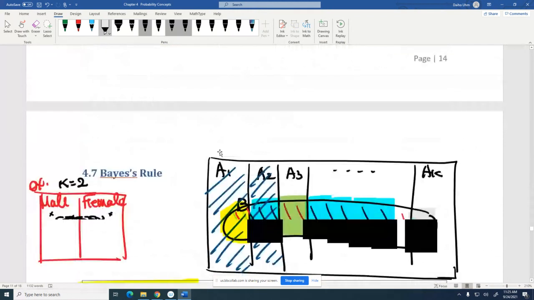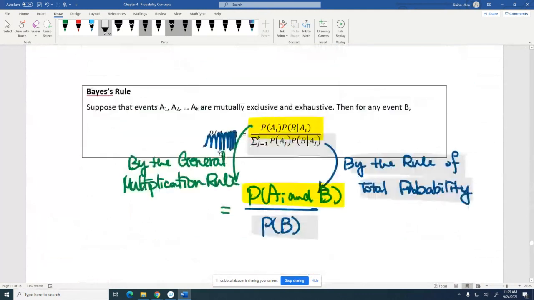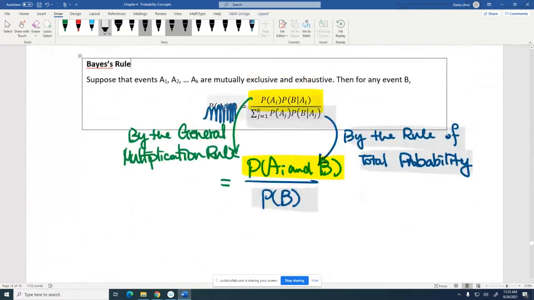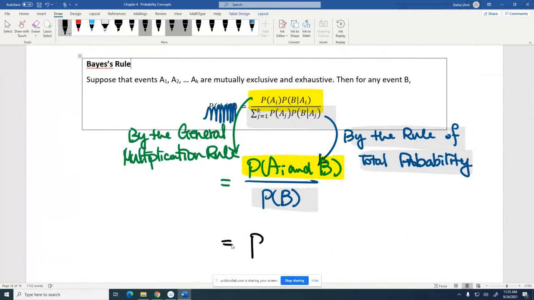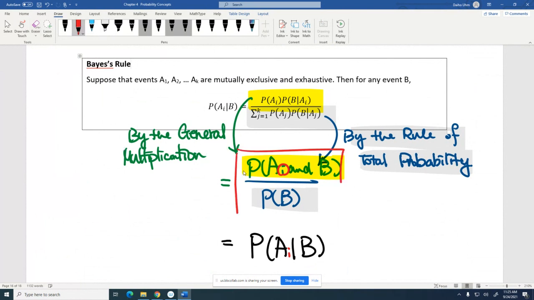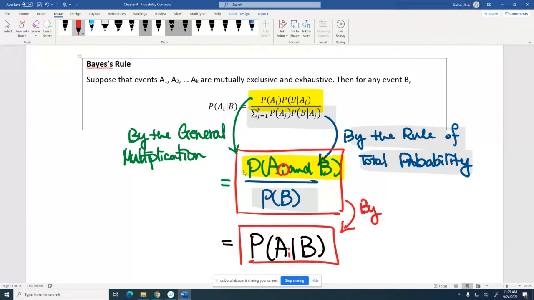Finally, we can apply the conditional probability rule. It will be A given B. But don't forget the index of I. Yeah, still just keep I. So from here to here, by what?